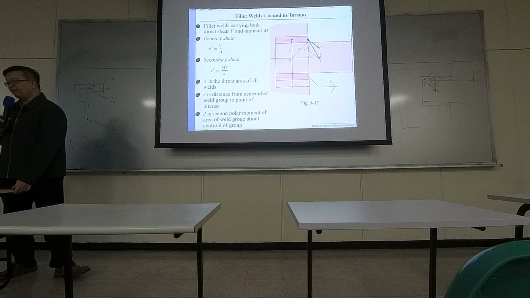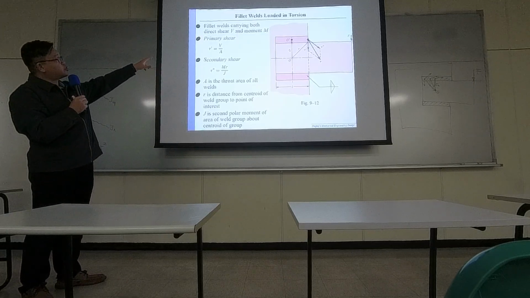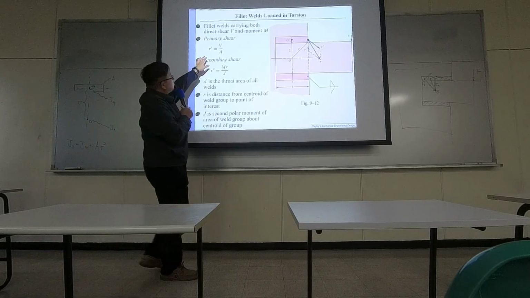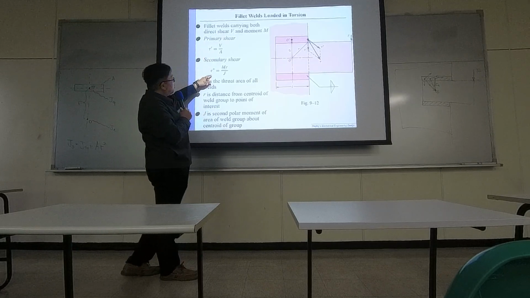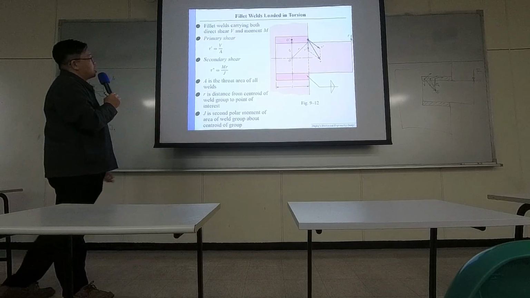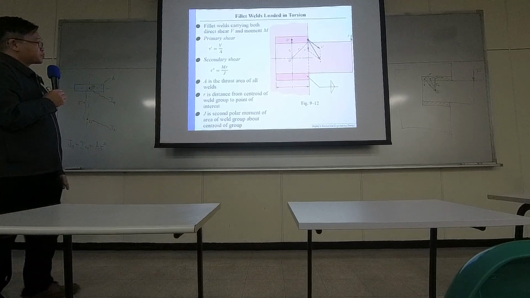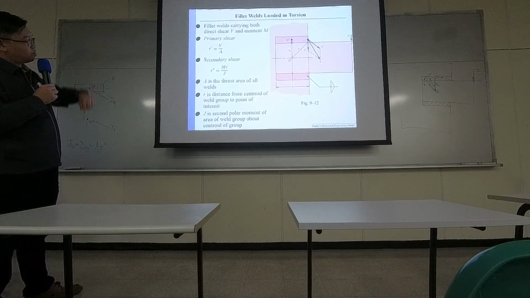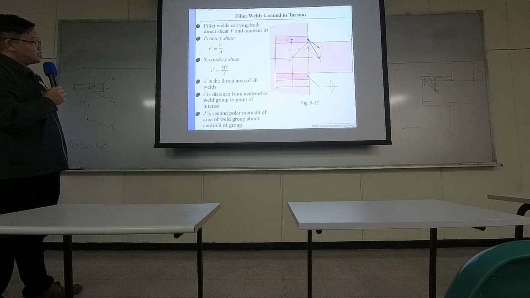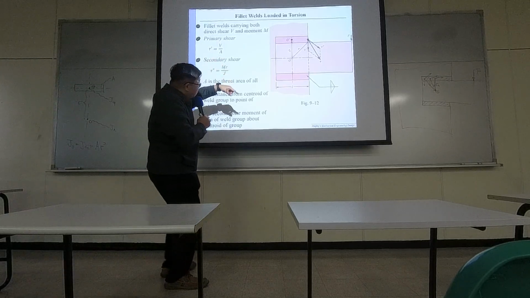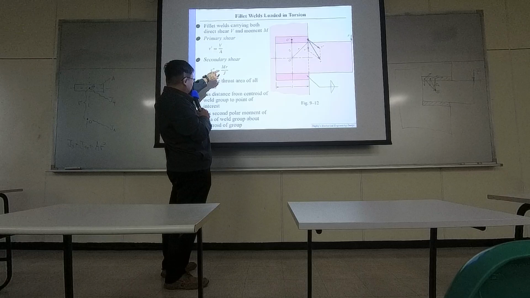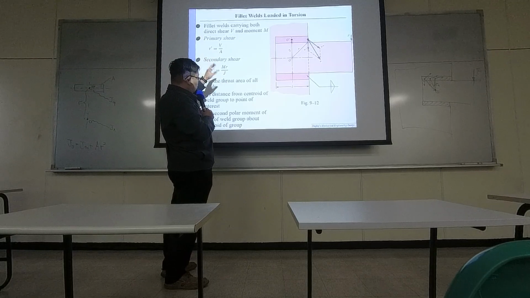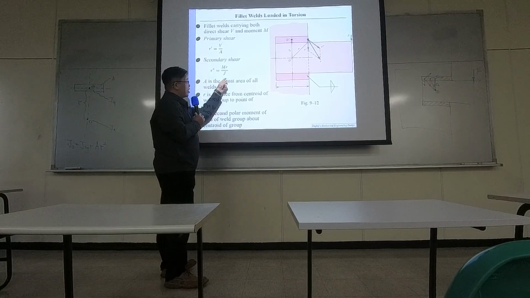If you take a look at the equations for shears, this is the equation for normal shearing stress, and this is the equation for rotational shearing stress. Following this, you can say it's a polar coordinate. Because it's following this polar coordinate, the area moment of inertia is actually the polar area moment of inertia, J.